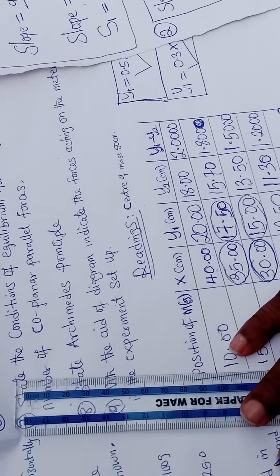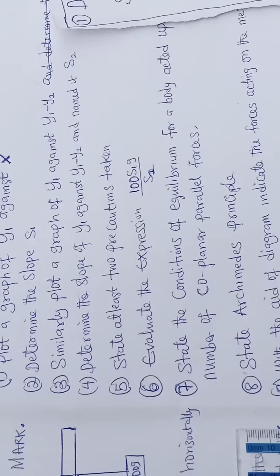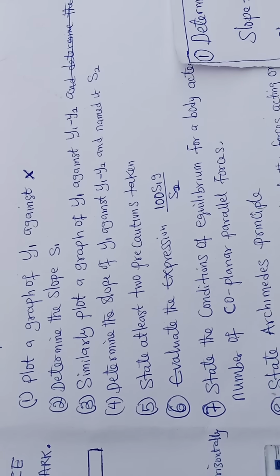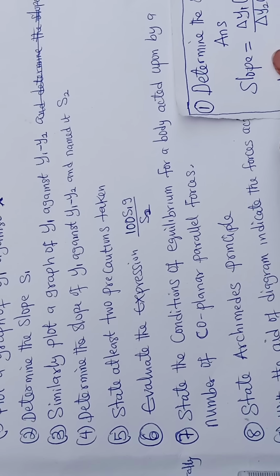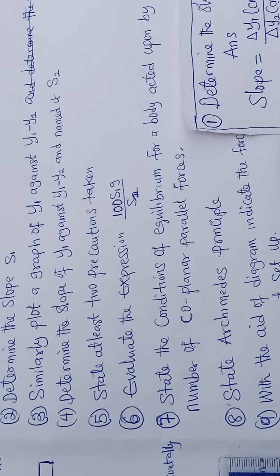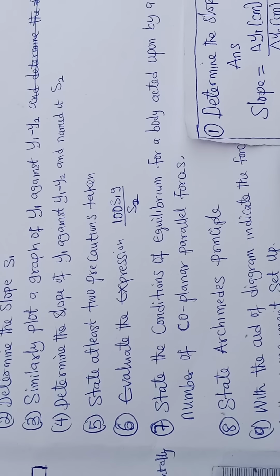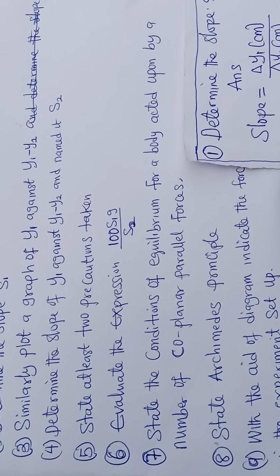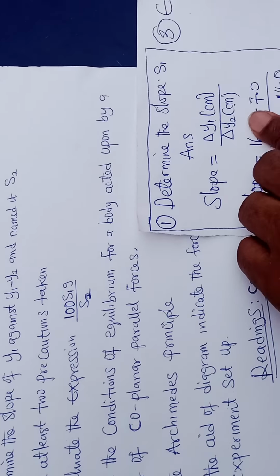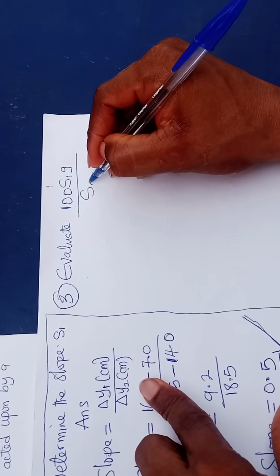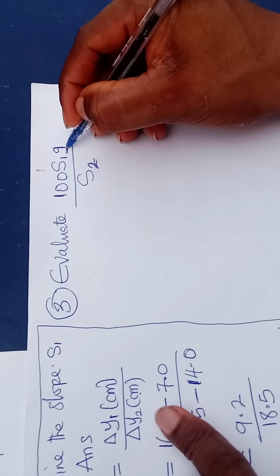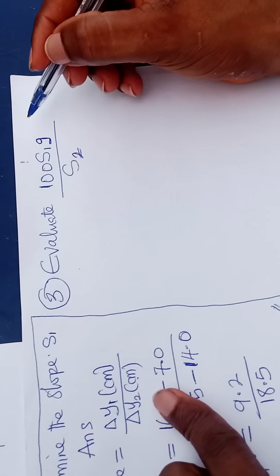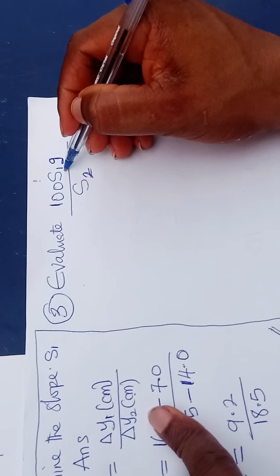The next question, number 3, says we should evaluate the expression 100 multiplied by x1 g over x2. This g was not given as acceleration due to gravity, so I guess it should be 100 grams multiplied by x1.